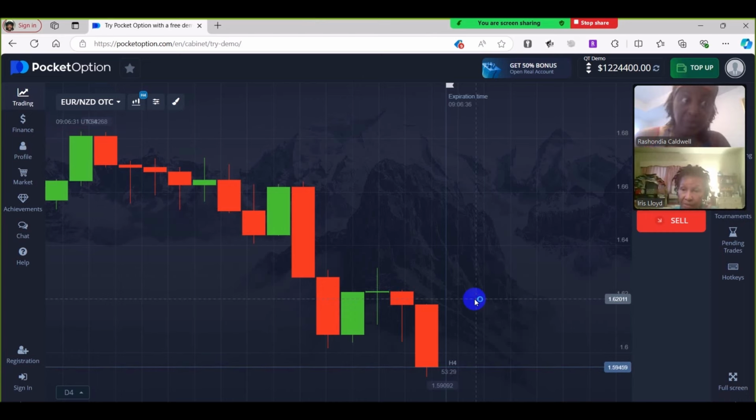So if it's going up, what does that mean? If it's a red candle, and it's going down and doing a pullback and going up, what color is up? Green. Right.